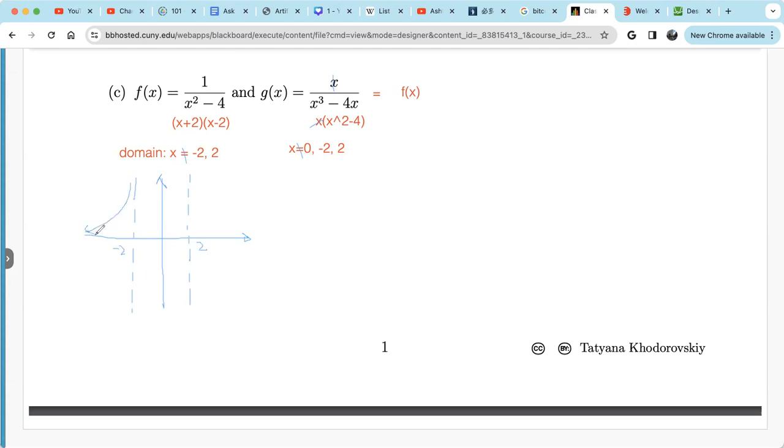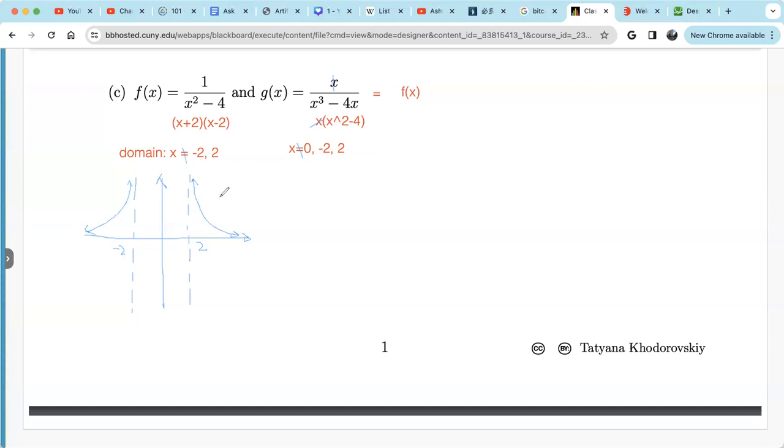When x approaches negative infinity, function value approaches 0. When x approaches -2 from the left-hand side, function value approaches positive infinity. Then I have this piece. When x approaches positive infinity, function value approaches 0. When x approaches 2 from the right-hand side, function value approaches positive infinity.